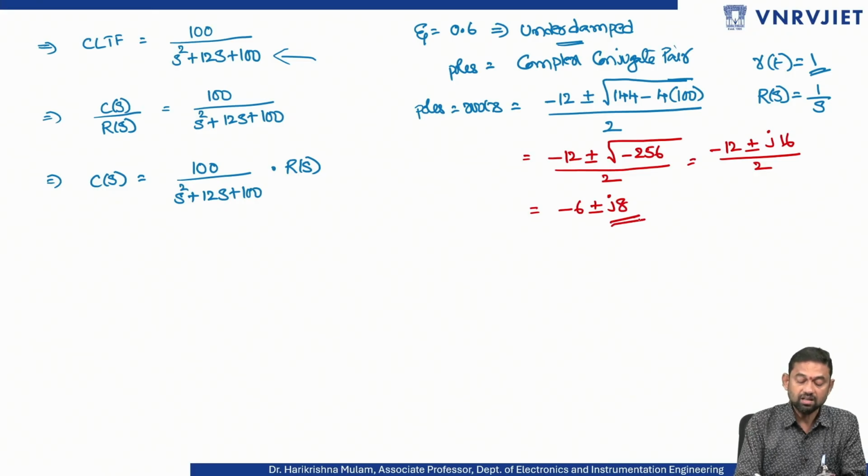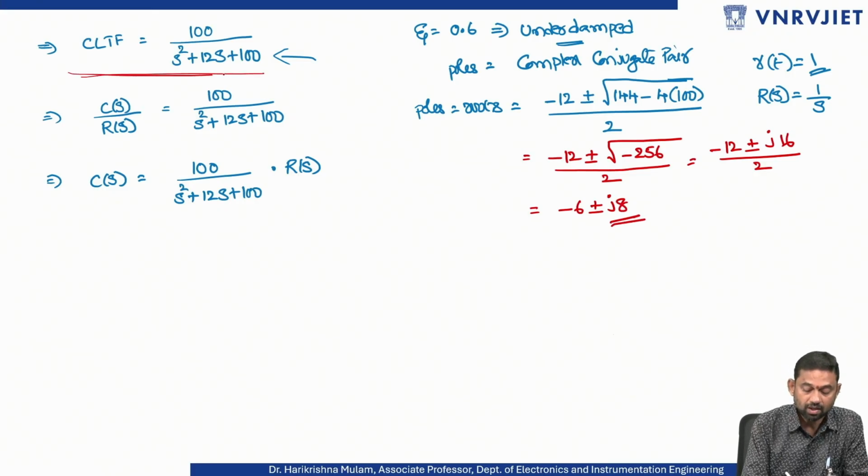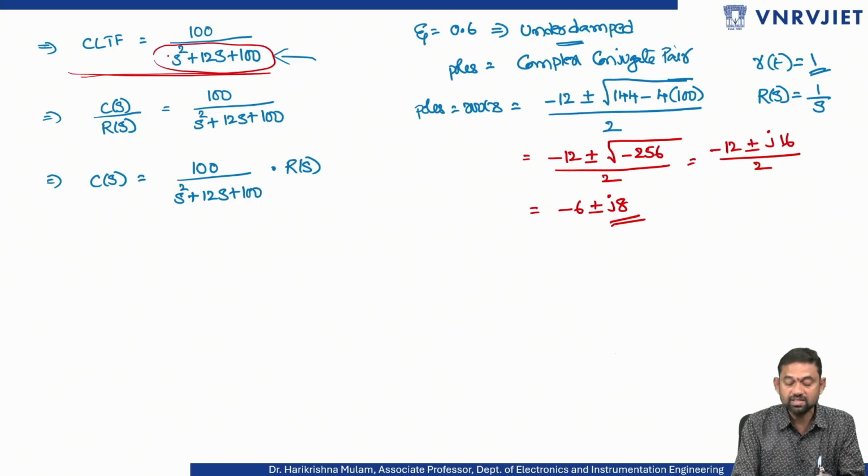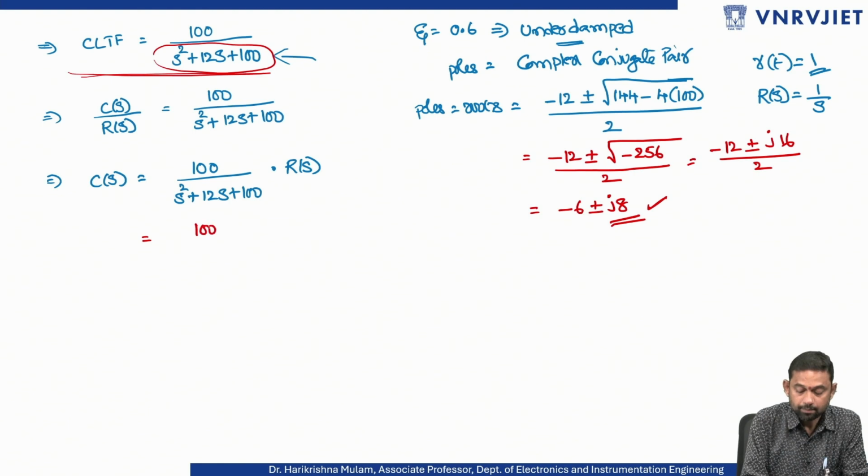So, these are the poles of this system, or the roots of this characteristic equation, which is s square plus 12s plus 100. So, these poles are a complex conjugate pair. Then, why did we discuss all this? The reason is, we got c of s as 100 by s square plus 12s plus 100 into r of s, which is 1 by s.